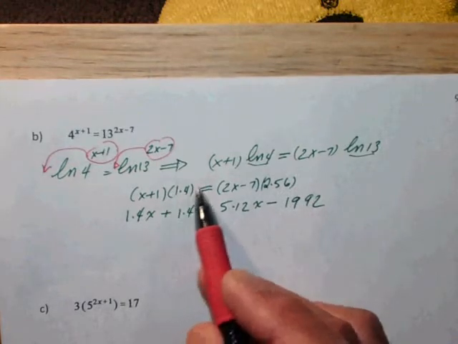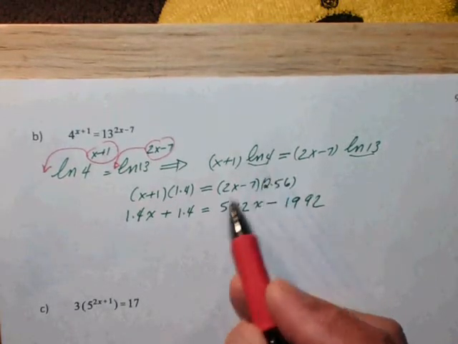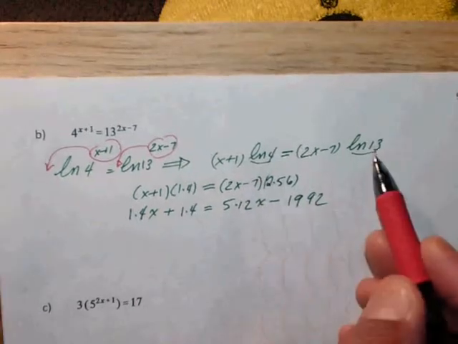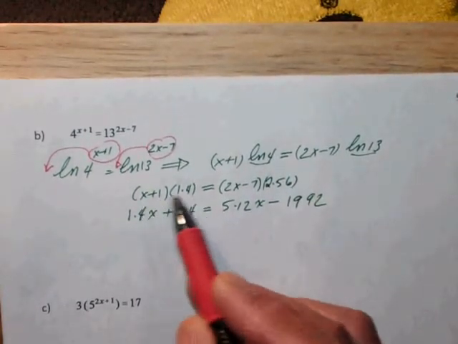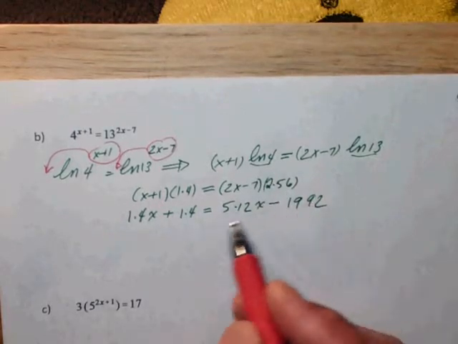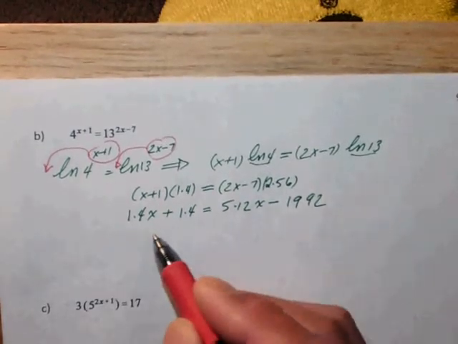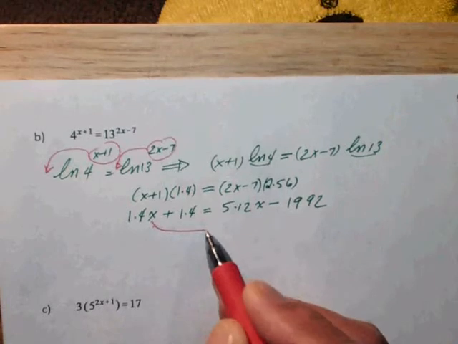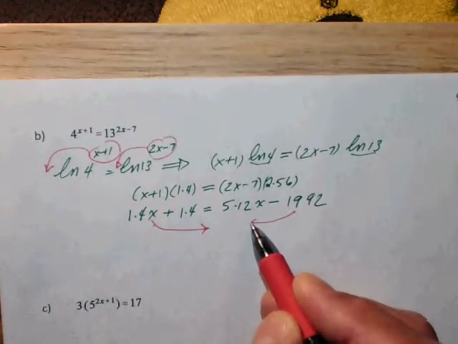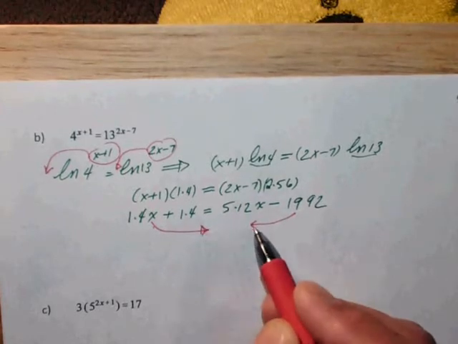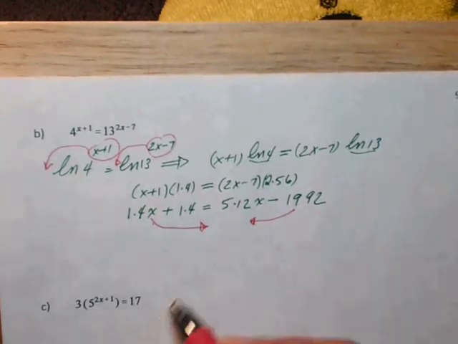And then log of 4 by your calculator is about 1.4 and log of 13 is about 2.56. Then you distribute, you multiply in, that's what you get. Then you have to put the x's together. I take this one to the left side and this one to the right side, and I change the sign.